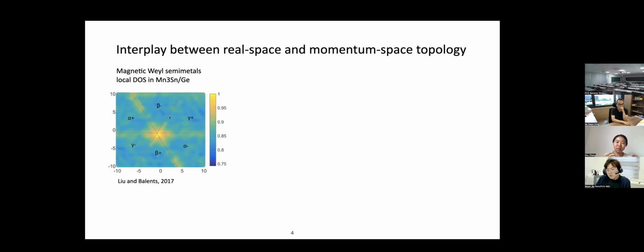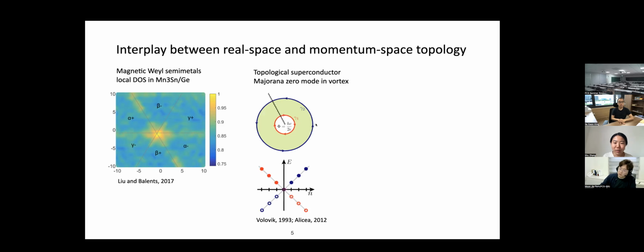And when the 6 types of domains meet each other, they form a 6-fold vortex. And people have studied the density of states of electrons as a function of their distribution in different magnetic domains and at the domain walls and the vortex. And as you can see in this plot, the density of states is much higher at the vortex.